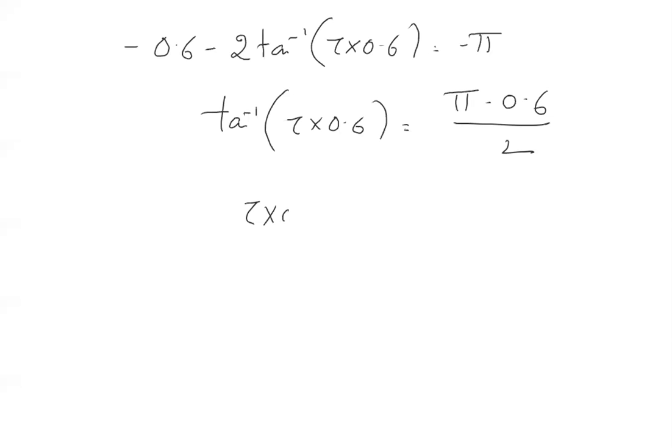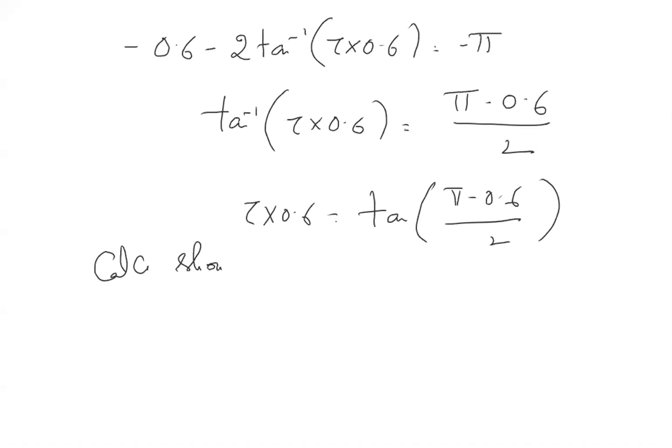So tau into 0.6 is equal to tan of (pi minus 0.6) divided by 2. So what is tau? Here the calculator should be in radians.